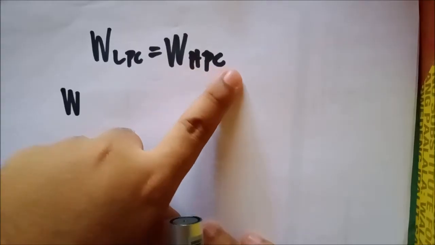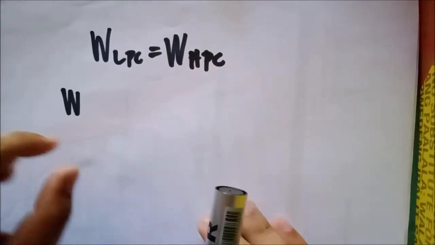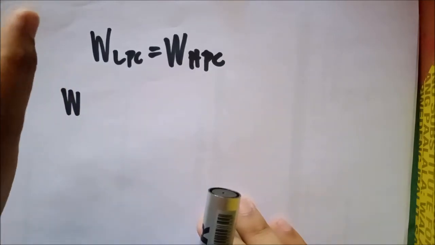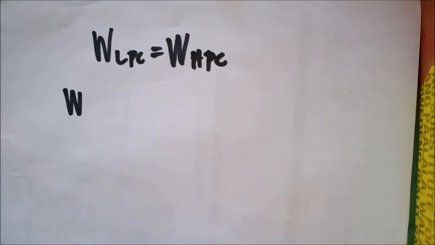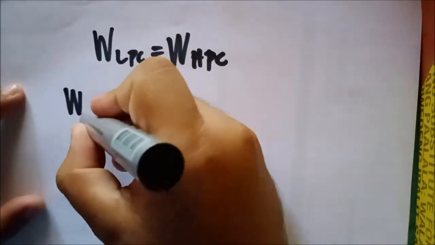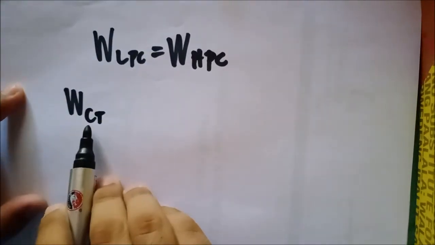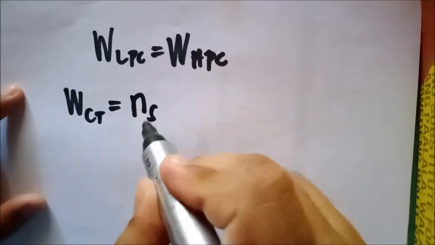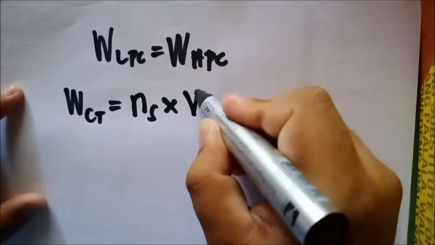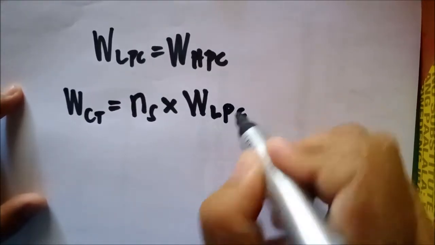And the same is true for 3 stage, for 4 stage: the work of the first compressor is equal to the work of every other compressor. So we could then say that the total compressor work is simply equal to the number of stages times the work of the low pressure compressor.